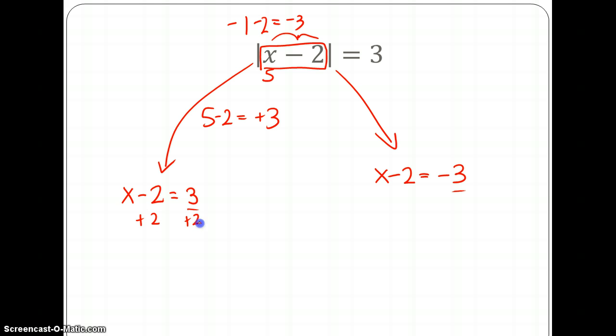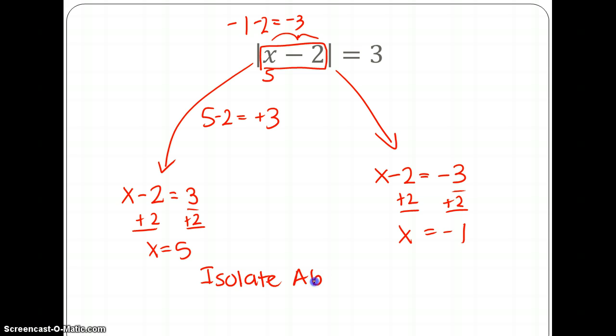The idea here, similar to other problems we've done, is that you want to isolate the absolute value.